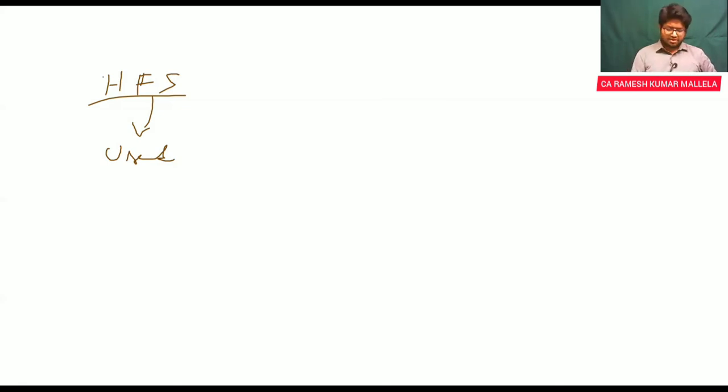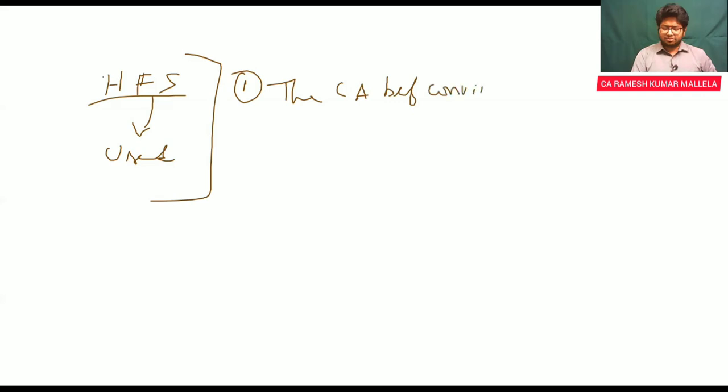So what should be the value at which I should recognize it now? Standard says it should be recognized at the lower of these two numbers. Number one, the carrying amount before converting into held for sale, less any depreciation or amortization expenses or impairment losses, whatever you would have actually done using the normal cost model or revaluation model.